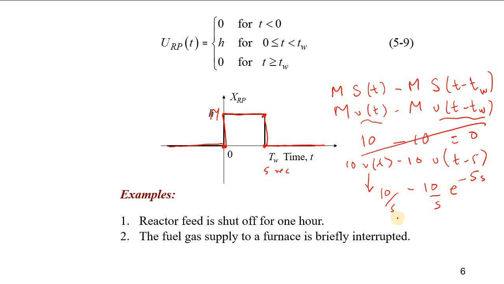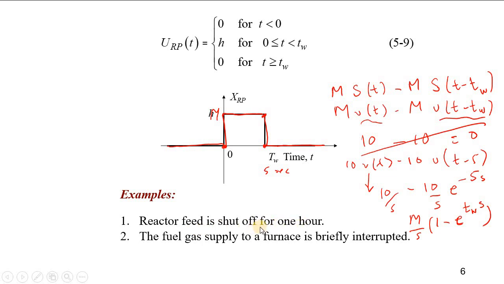And of course, this is equal to, now instead of saying 10, I'll say m again. So this will be m over s, common factor into 1 minus, and instead of saying 5 seconds, I'll say tw, okay, s. So I just put it in the generic format. Okay, and this example could be like a reactor feed is shut off for 1 hour.